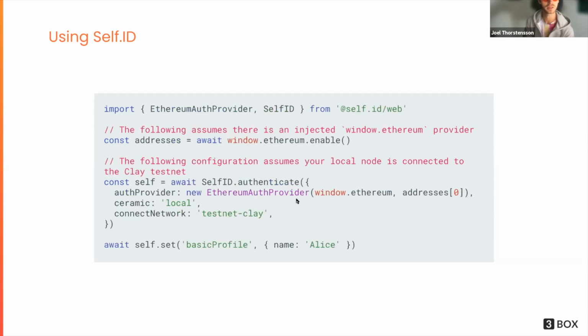Similarly, we can use the Self.id framework to actually write into the user's data store. And so here we import an Ethereum auth provider because we're using Ethereum. We want to use an Ethereum wallet. And we import the Self.id framework.